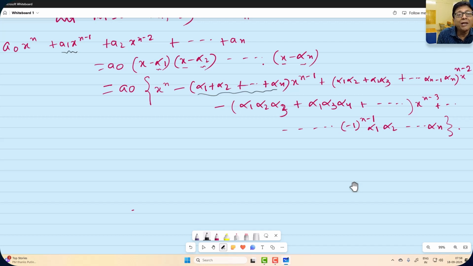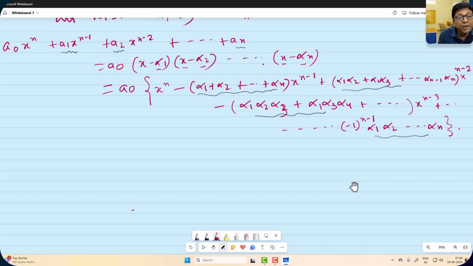So if we compare the two sides, then we can write a1 equal to minus of this. Similarly, a2 will be equal to this thing, and this way a3, with x to the power n minus 3, will be equal to this thing, and an is going to be this one.